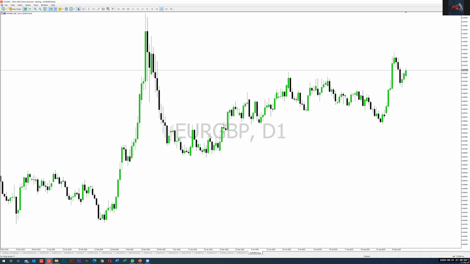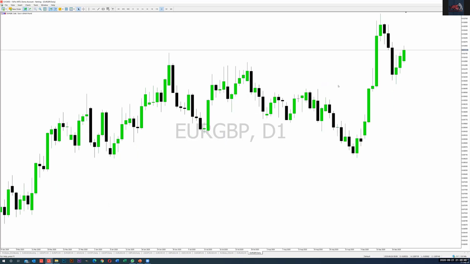So now, how then do we illustrate a demand zone or a supply zone that has been engulfed? But firstly, you need to be in a position to have highlighted the zone. Like for instance, this is Euro GBP. You can clearly see on the chart.